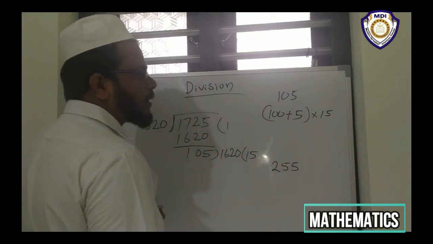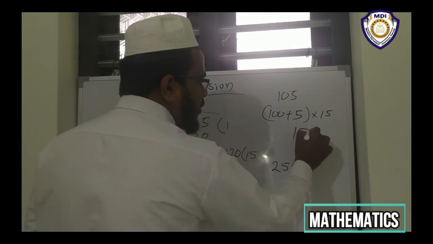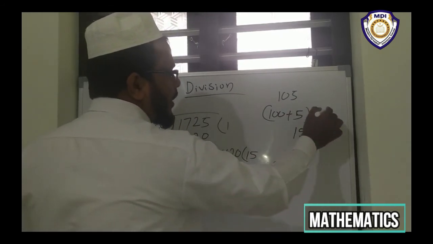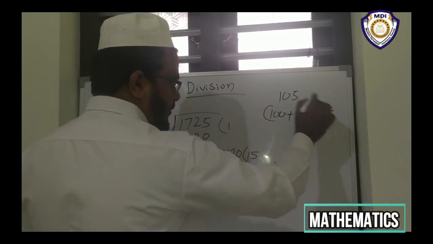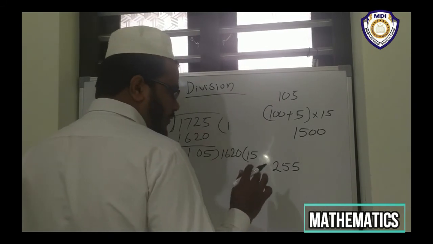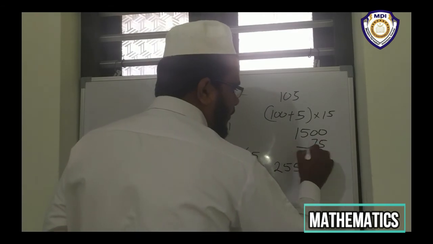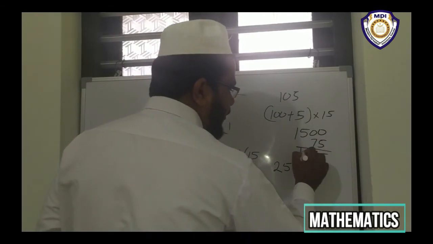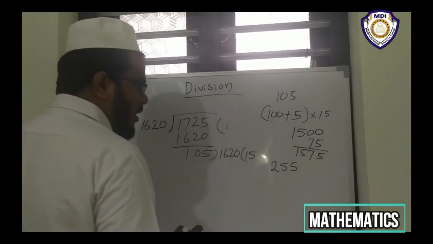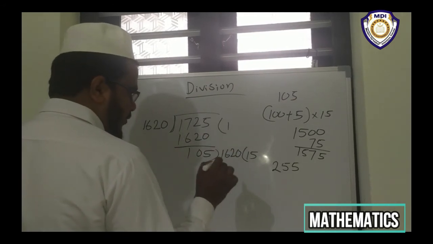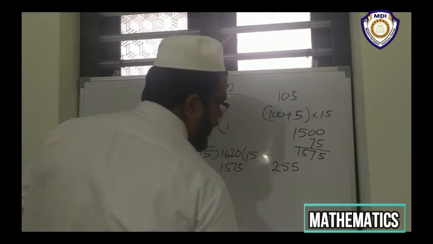Very simple. 5 times 15 is 75, 10 times 15 is 150, and 100 times 15 is 1500. Adding up, this is the answer: 1575. Okay, very simple.